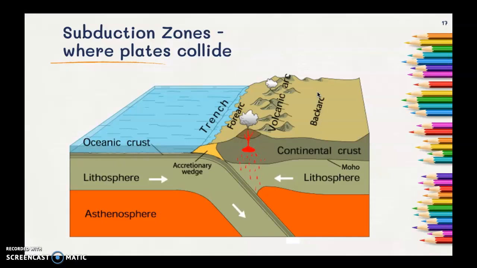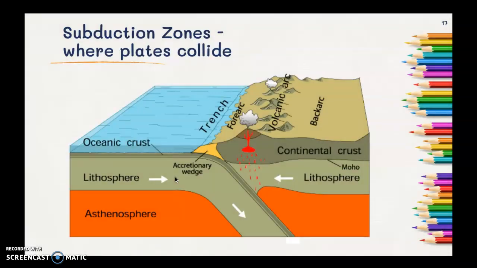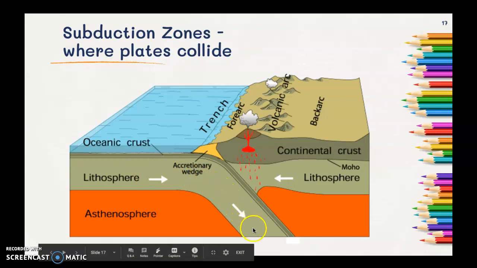So here's a subduction zone. Just to remind you, a subduction zone is where two plates are coming together, where plates collide. Here I've got ocean crust colliding with continental crust, and as this crust gets driven down below ground, it gets hotter and hotter.